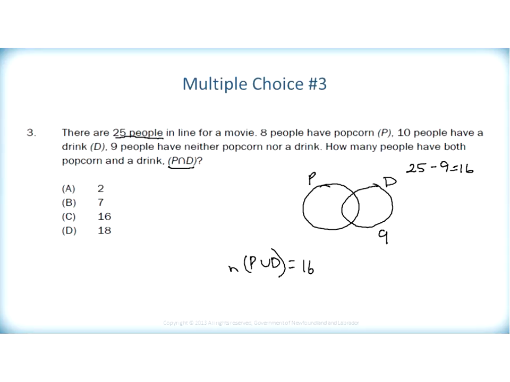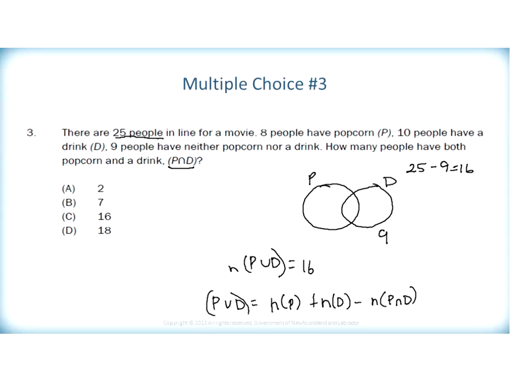So it says 8 have popcorn and 10 have drink. So we know that the union, using the principle of inclusion-exclusion, is equal to the number that have popcorn plus the number that have drink, subtract the intersect, the number that have both.